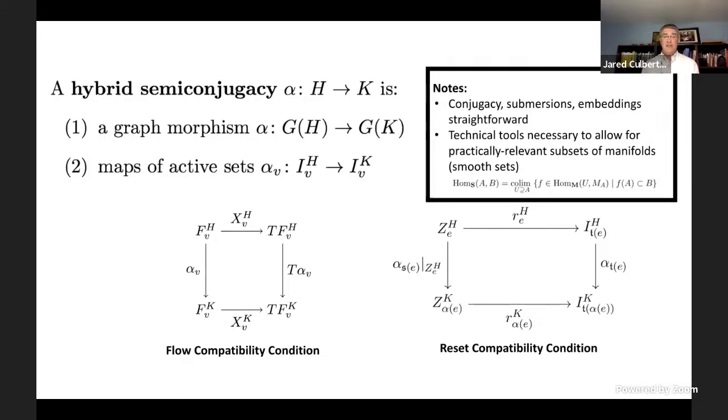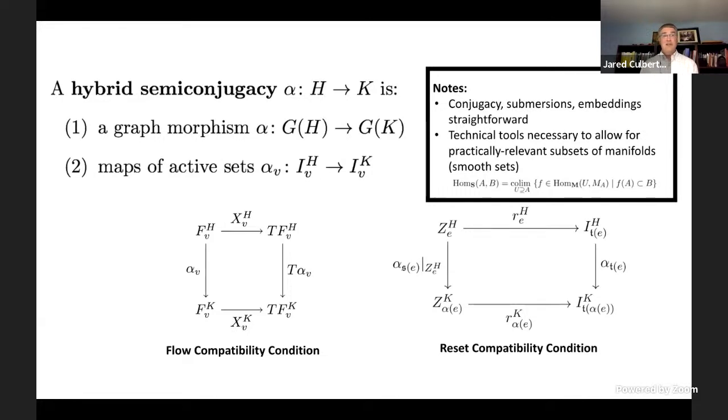Of course you can take fiber products along smooth submersions, but you have to be careful in some cases, because it's easy to get into situations where you no longer have smoothness conditions everywhere. There are a variety of different ways of dealing with this, and I'll comment a bit later on why we chose to develop our own approach rather than work directly with something like manifolds with corners.